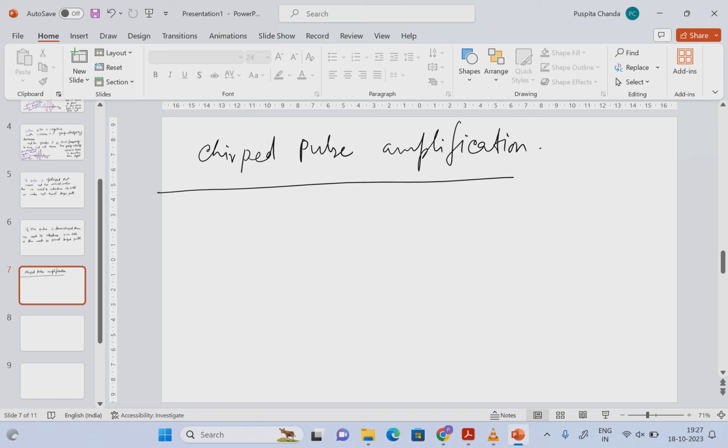So what is being done? Basically, the oscillator produces a pulse. Then it is fed into a stretcher.